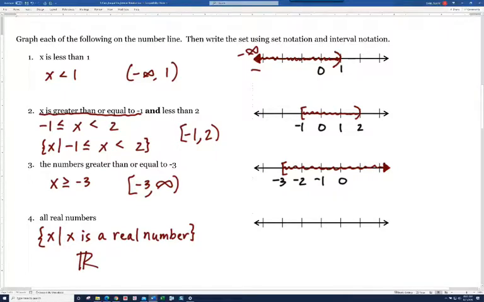Now, let's go ahead and graph this. This would just be the whole number line. And so in interval notation, which is the method we'll usually use, it's the one we'll focus on throughout this course in college algebra, -infinity to infinity. All right, let's move on. I think I'm going to stop right here, and we're going to move into solving inequalities next.